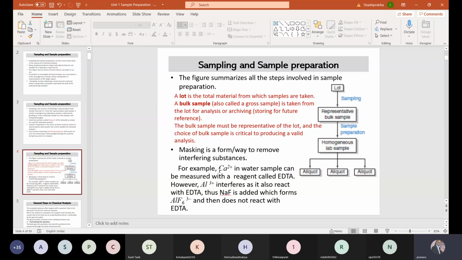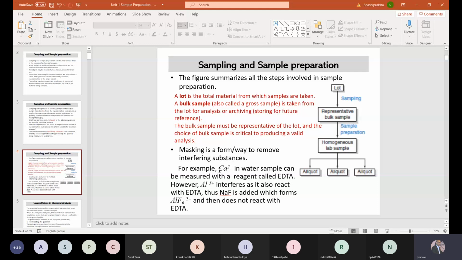If you think you are titrating calcium, and if that sample contains aluminium as well, you will get a higher reading. So in such a case, you can again do two things. Either you remove aluminium from that solution. If you remove that aluminium from the solution, then it is fine.